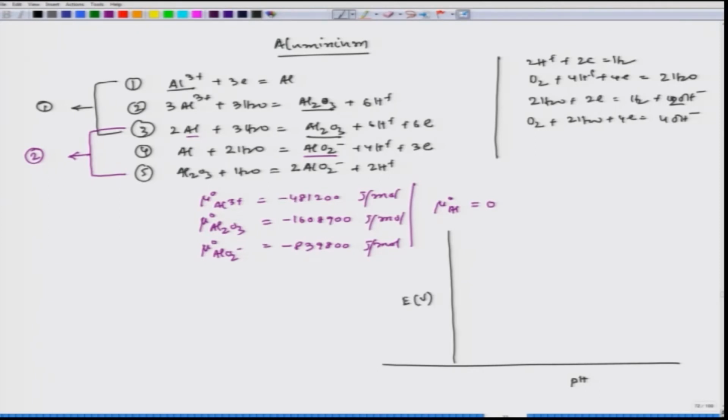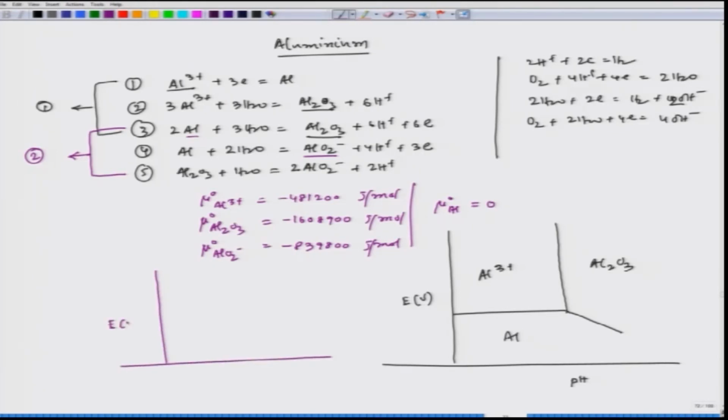Now, if we draw the Pourbaix diagram, the first set will have a diagram like this, with Al3+, Al and Al2O3, and the second set will have this diagram.